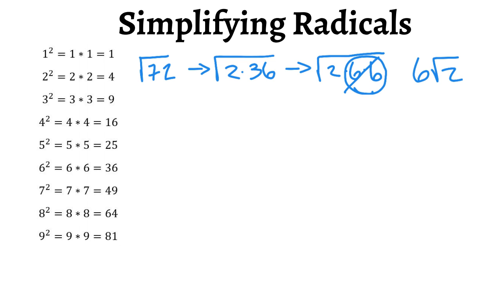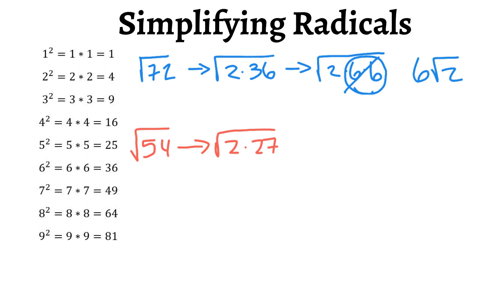All right, let's try another example. Let's say that we're dealing with the square root of 54. 54 is an even number, so you can break it down as 2 times 27 or 9 times 6. Let's stick with 2 times 27.